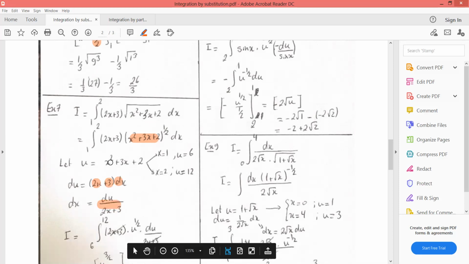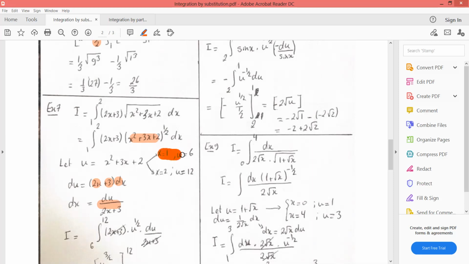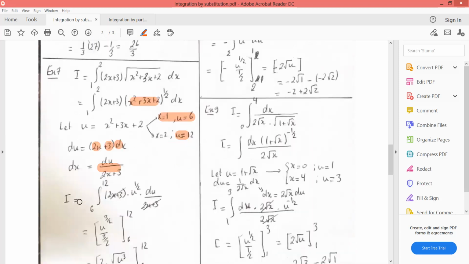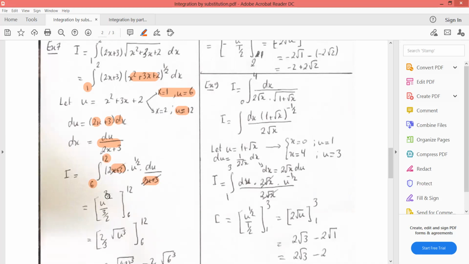For x equal 1, u equals 1 plus 3 plus 2, u equals 6. For x equals 2, u equals 2 squared, 4 plus 6, 10, 12. I will be equal, this 1 is changed into 6, and this 2 is changed into 12. 2x plus 3, u to the half, du over 2x plus 3. 2x plus 3 simplified.